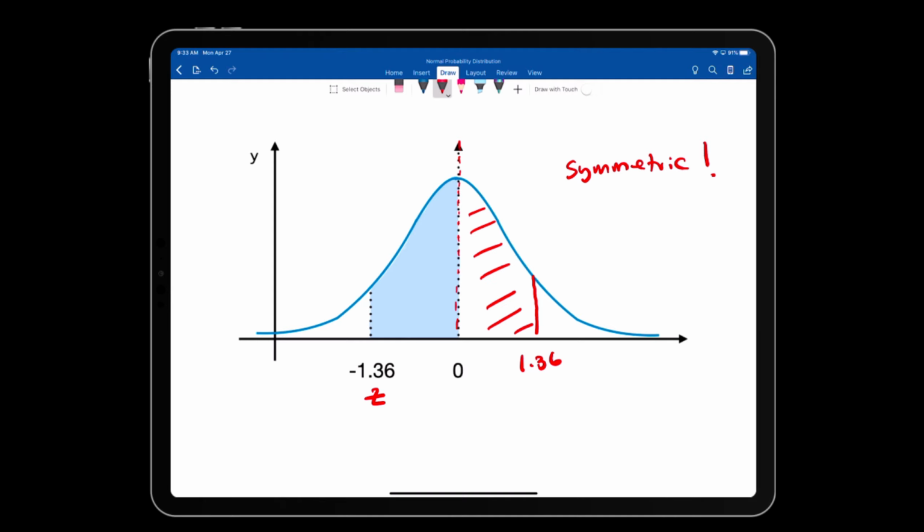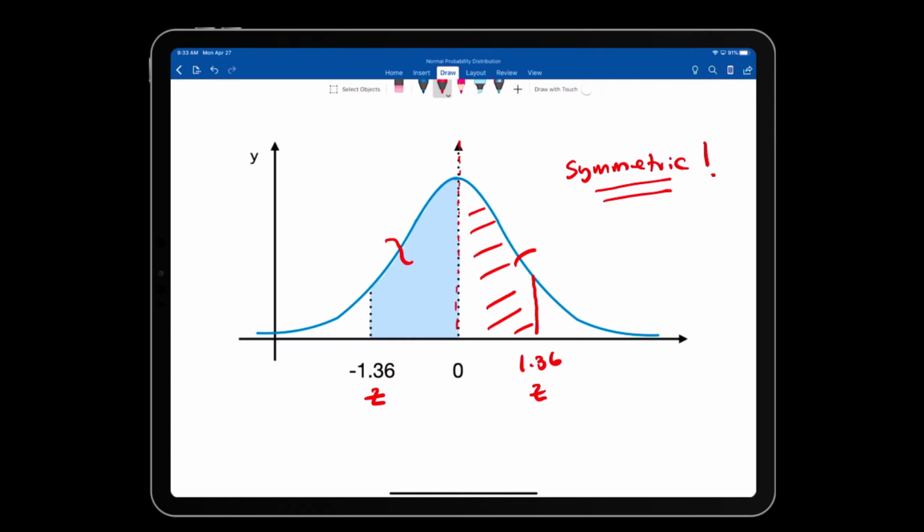Okay, you guys got the right idea. Symmetrical. So what you have here, thank you, Matt, if you know the area from 0 to 1.36, then you know this other area because of symmetry. Okay, that's what you're going to use, the power of symmetry.